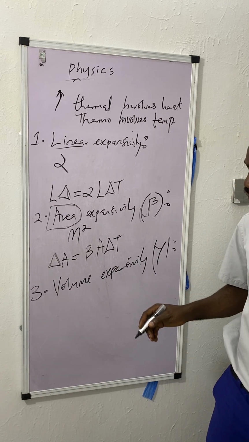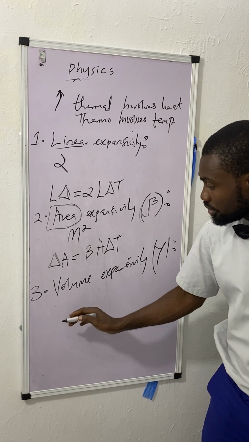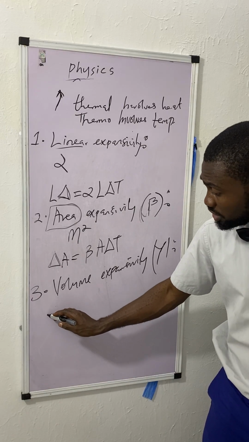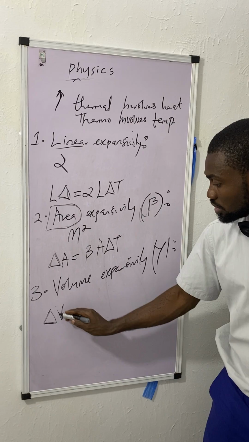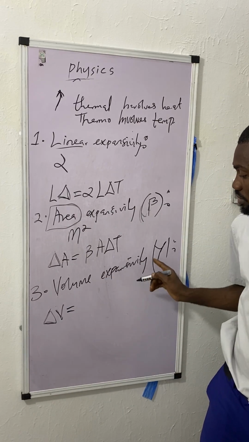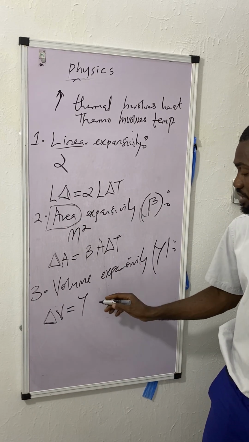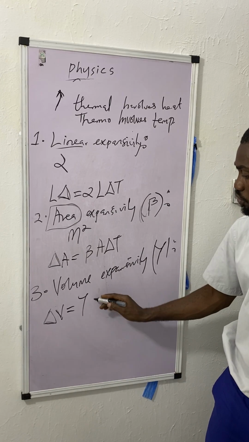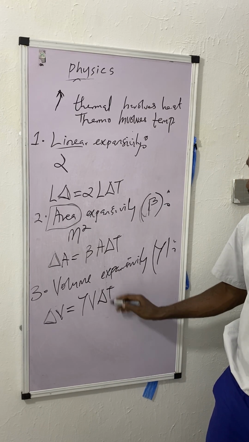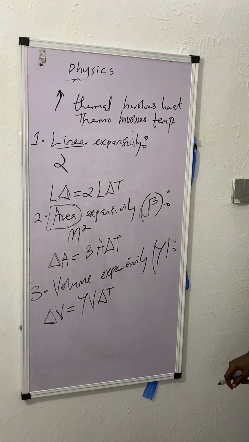So the volume expansion, change in V, that's the change in volume, is equal to gamma, the volume expansivity, times volume, times change in temperature. That's the formula.